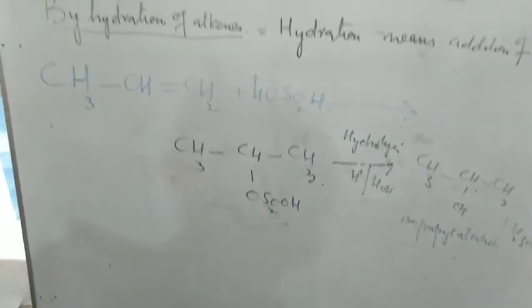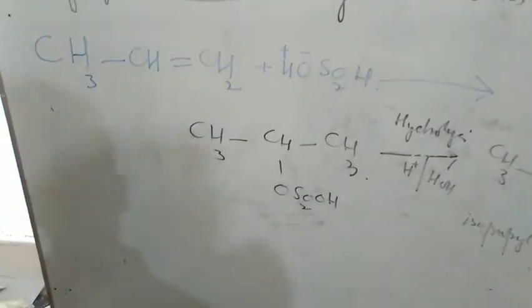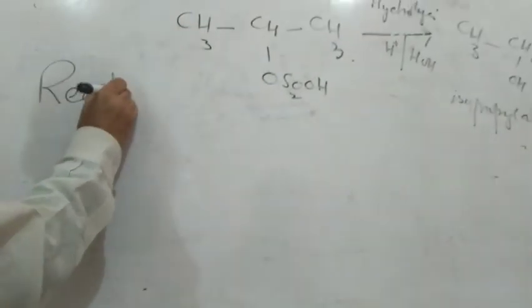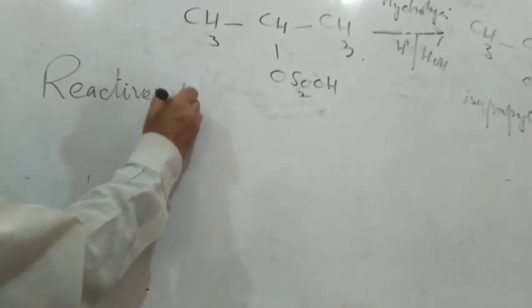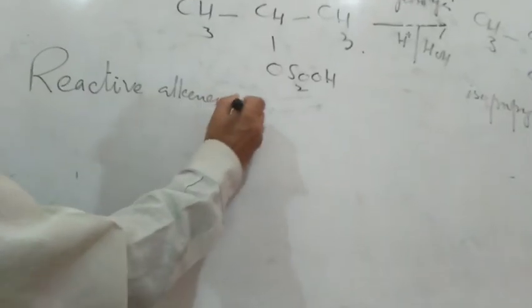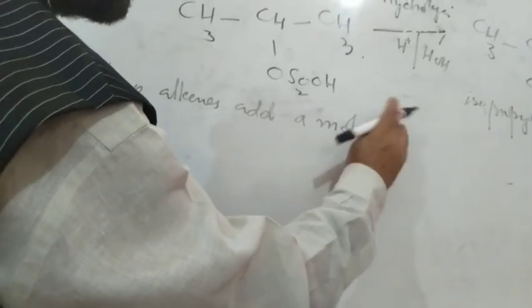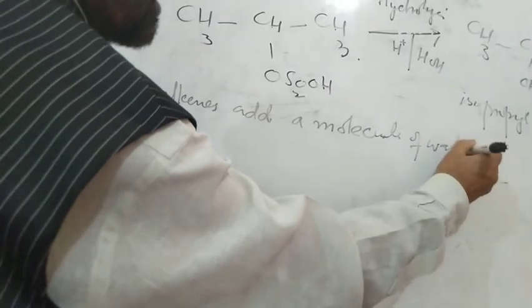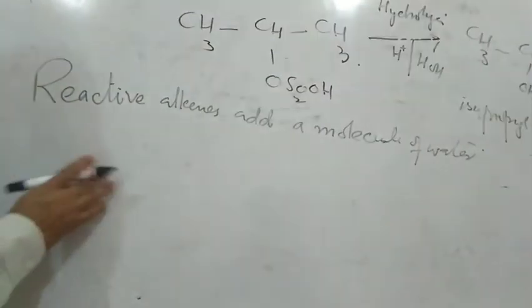So this is the hydration of alkene. Now this is the indirect method. अगर हम directly लेंगे, that means reactive alkenes जो हैं, reactive alkenes add a molecule of water directly. उनको directly अगर हम add करेंगे water, directly पानी में boil कर दो तो अल्कोहल बन जाता है.